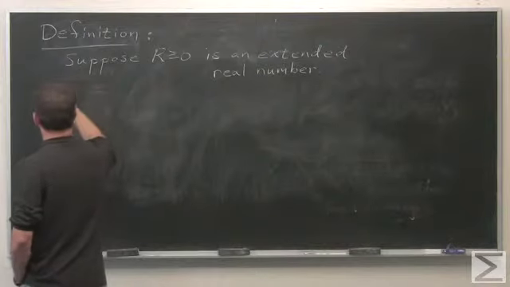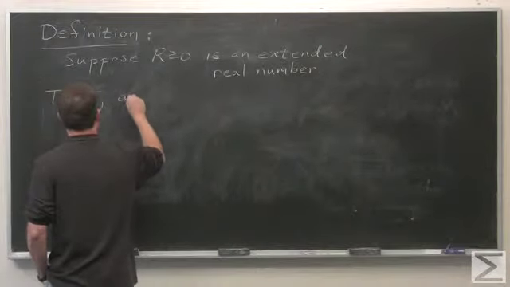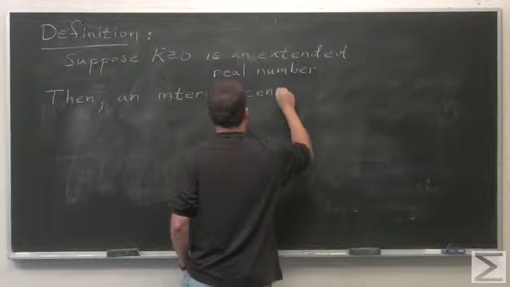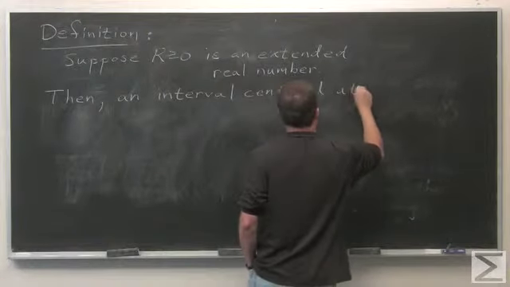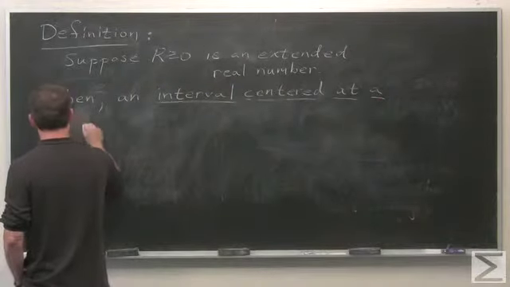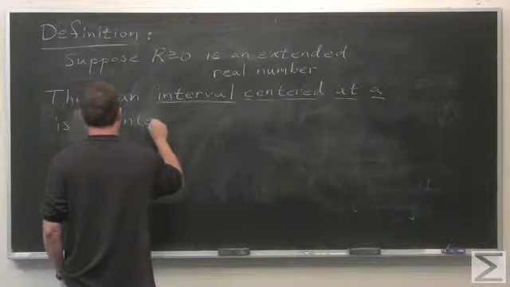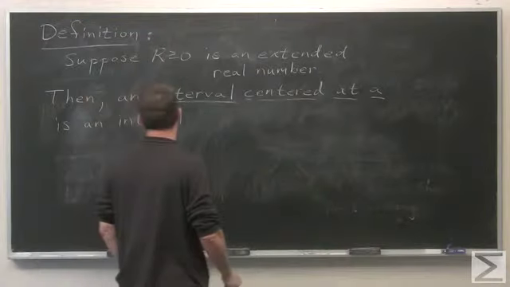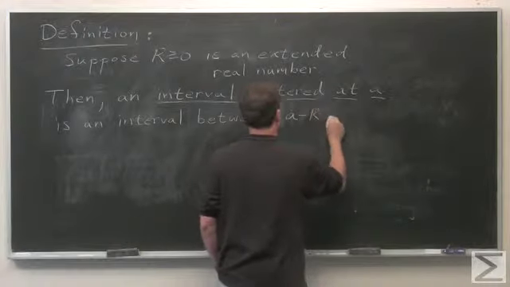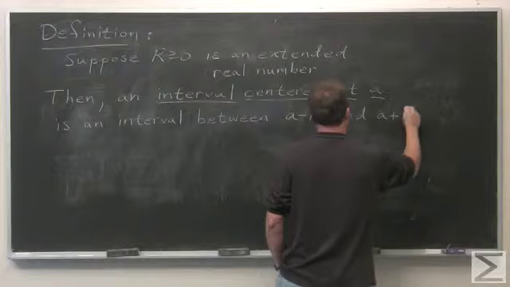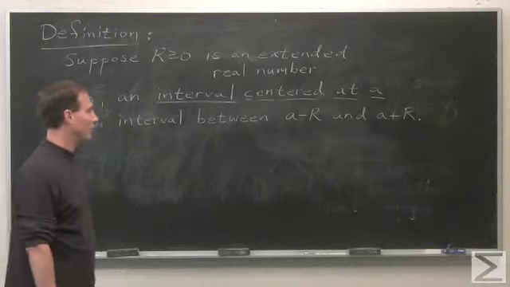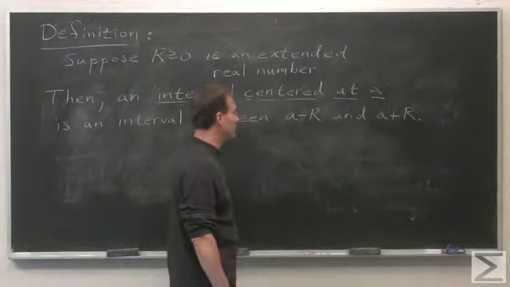Then an interval centered at A is an interval between A minus R and A plus R. That means there are 4 choices for most R's, unless R is infinity. There are 4 choices.